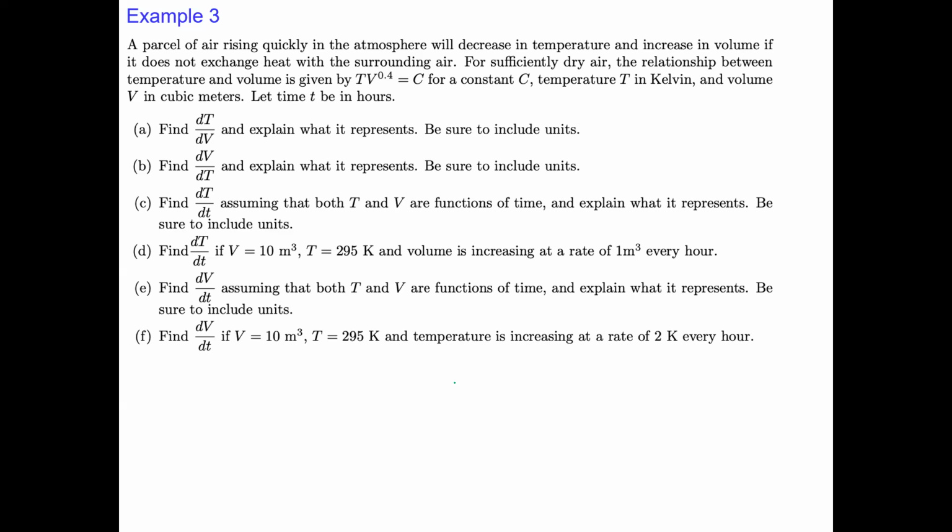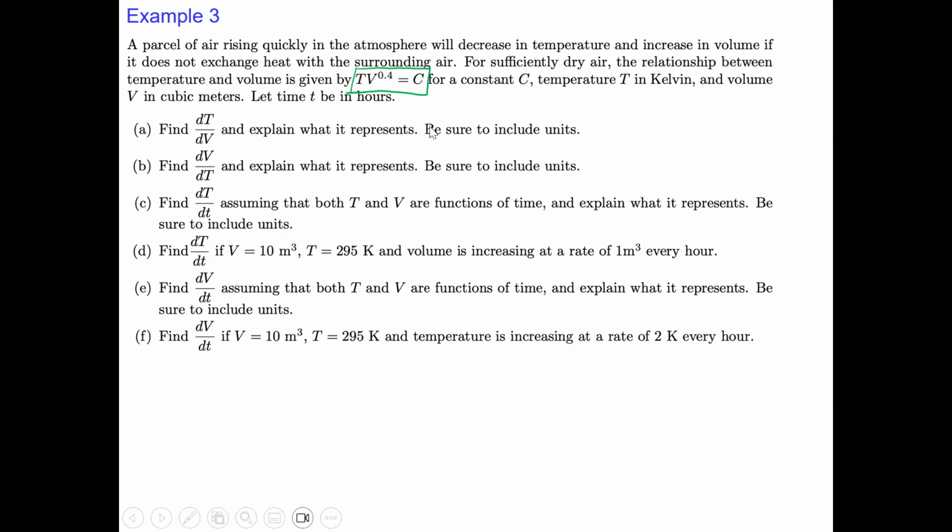For sufficiently dry air, the relation between the temperature and the volume is given by this equation: temperature times volume to the power of 0.4 equals a certain constant C. Temperature is in kelvins, volume is in cubic meters, and time is in hours.